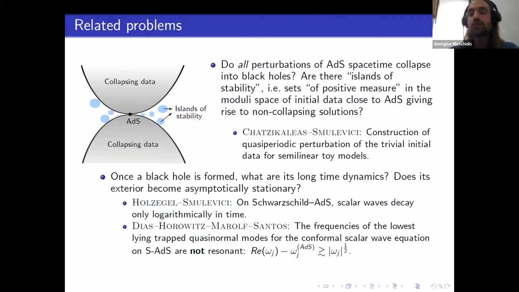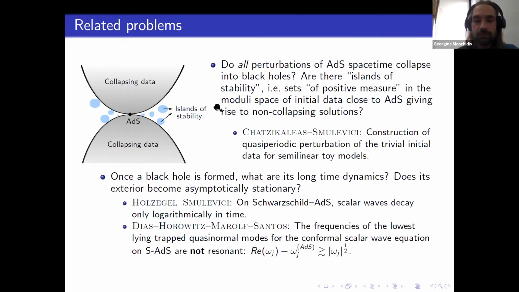But the next question to ask is what happens to generic perturbations? In the space of initial data around AdS, the conjecture claims that there exists a curve of initial data approaching the trivial ones which collapse into black holes. Now the question is, how many of those initial data actually collapse into black holes? In particular, can one find sets of initial data of positive measure with the property that they do not collapse into a black hole? They give rise, for example, to quasi-periodic solutions.